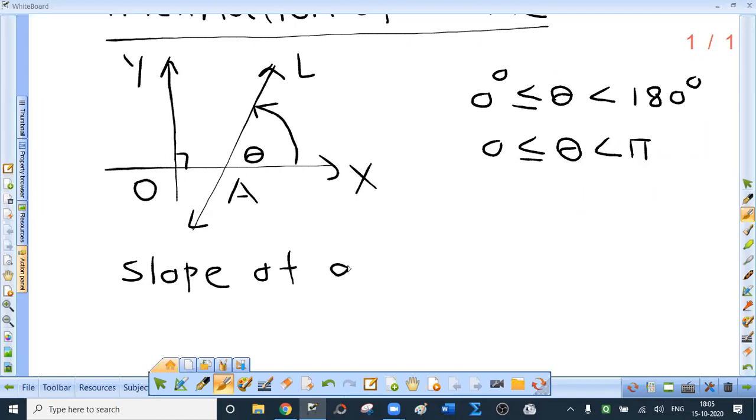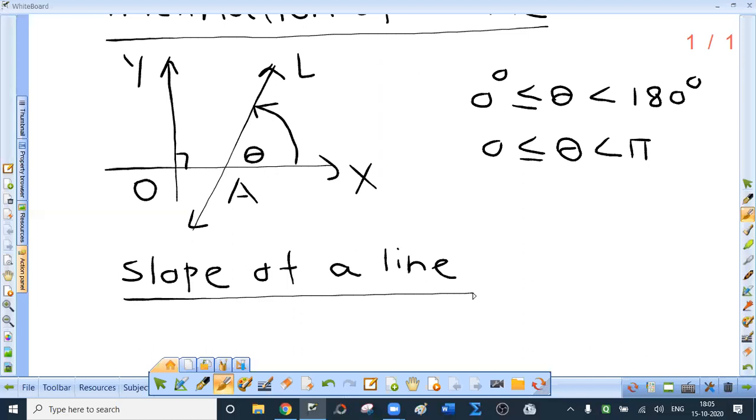Now we define slope of a line. Actually, slope of a line can be defined using two different ways. I will use concept of inclination to define the slope. After that, I will tell you how to obtain the slope of a line if any 2 points on the line are known. See, what is the definition of slope? If the inclination of a line is theta, theta not equal to pi by 2, then tan theta is defined as the slope of the line, which is also called as gradient.